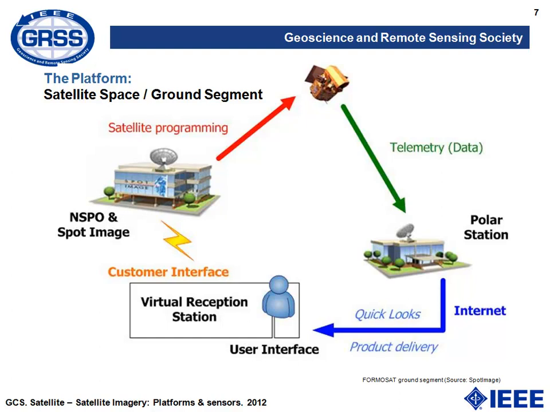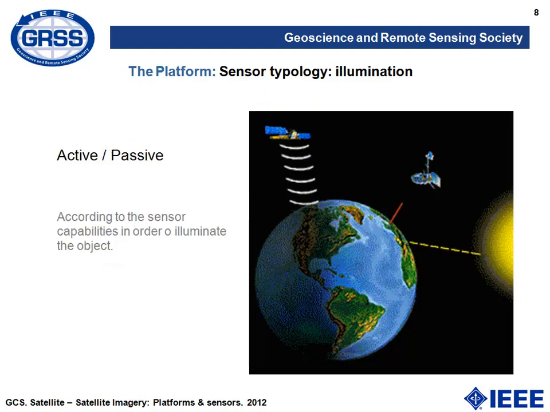Many ground stations are located in polar regions because the orbits of satellites offer more visibility at these latitudes.